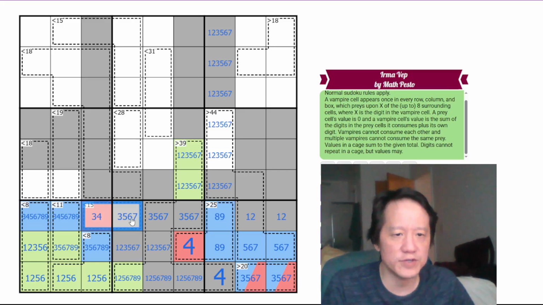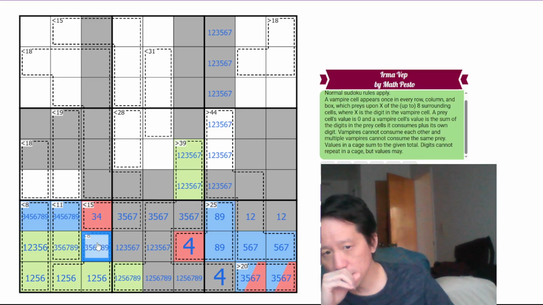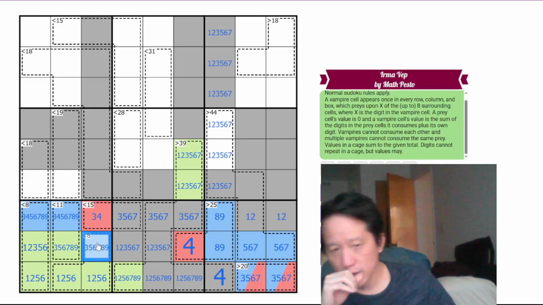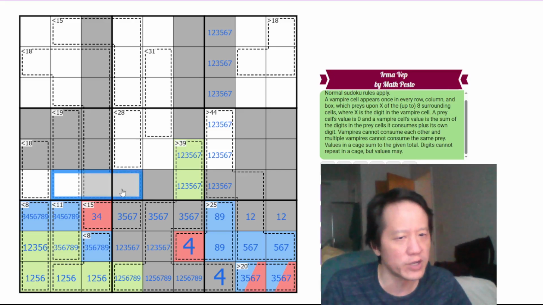So the value of this, so you can have 7, 4, 1, 1. That's fine. 1, 2, I guess.